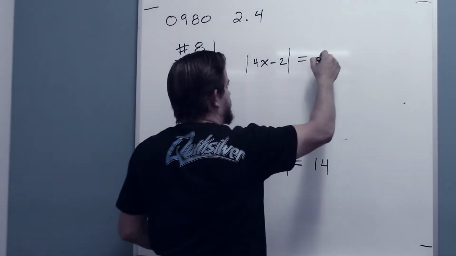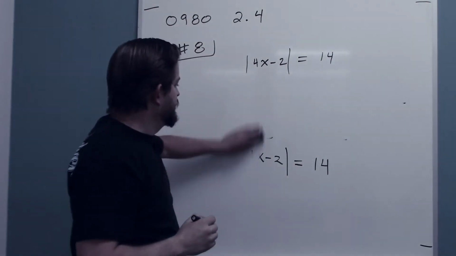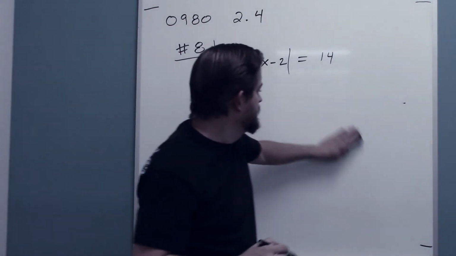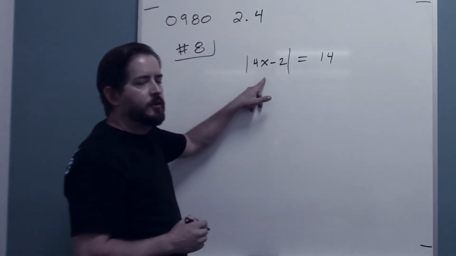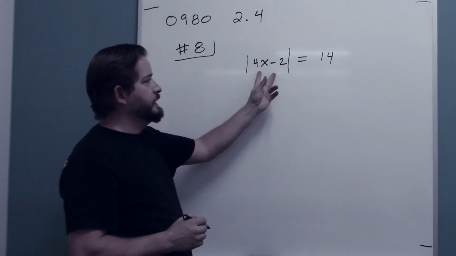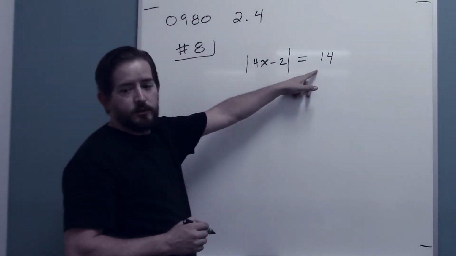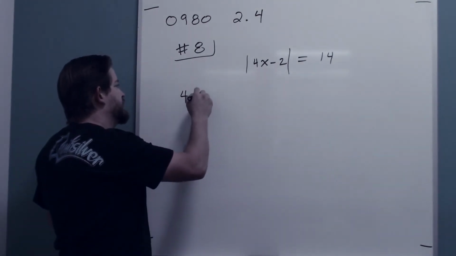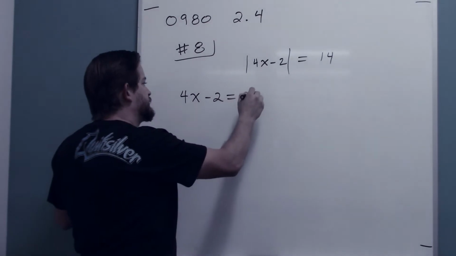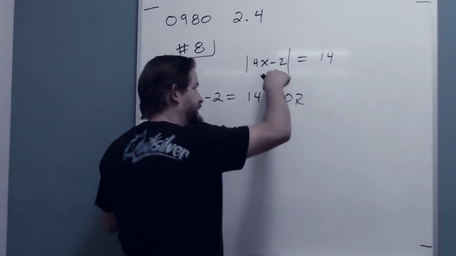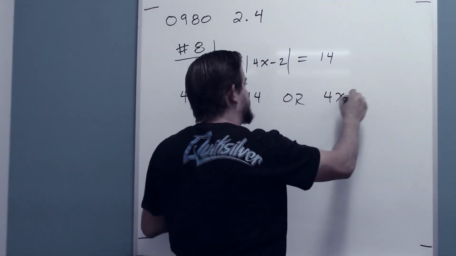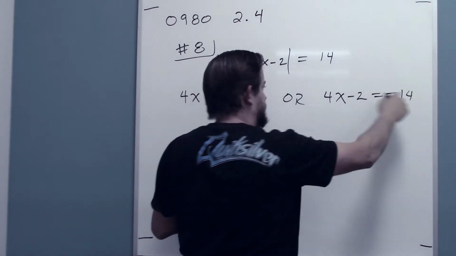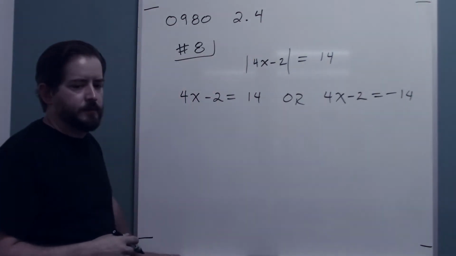There's some junk in there, and therefore I can turn this into my two equations. Whatever's on the inside is either 14 or it's negative 14. So that means that I have 4x minus 2 is either 14 or that expression, the same expression unchanged, is negative 14, right?